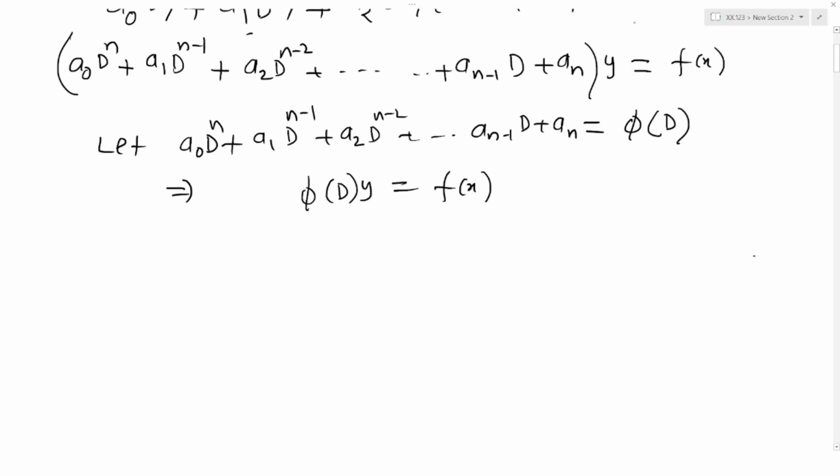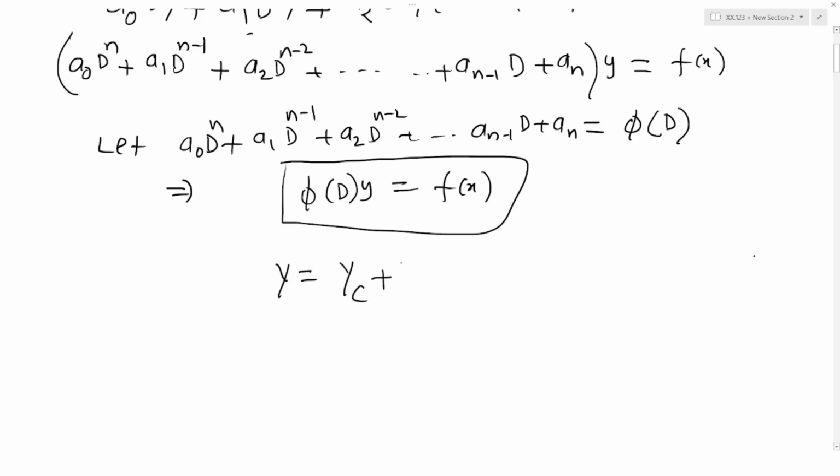Now the solution of this equation is given by y equals yc plus yp. What is yc and what is yp? Suppose f of x equals 0, then what do you get here?